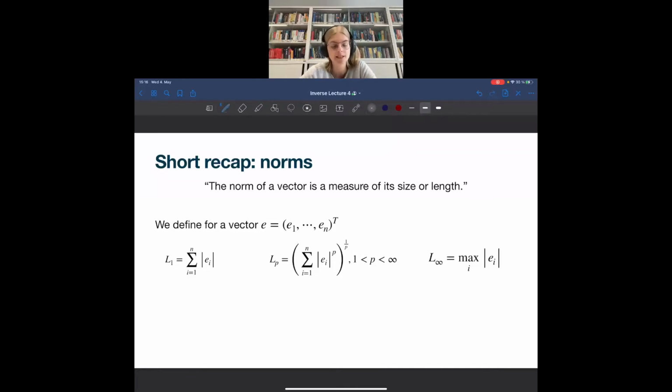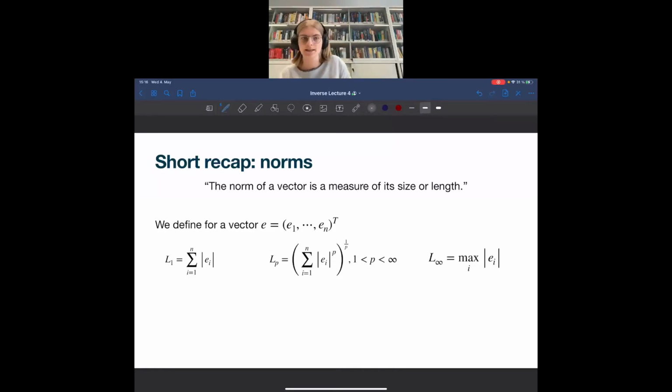Then we have the LP norm for P being greater than 1 but less than infinity, with 1 and infinity not included here. It is the sum of all the entries to the power P and then everything to the 1 by P. And last missing in this chain is L infinity, which is just the maximum entry you have, and from that the absolute value.